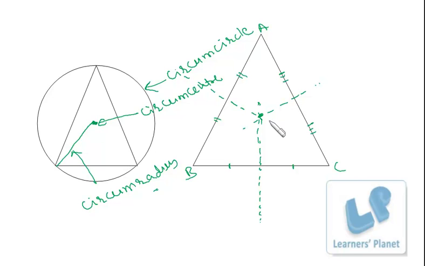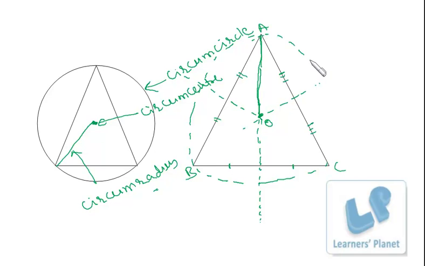So the concurrence point of all the three perpendicular bisectors is the circumcenter. Now if you put the point of the compass over here and take this as a radius OA, suppose this is O, then a circle will be drawn like this.